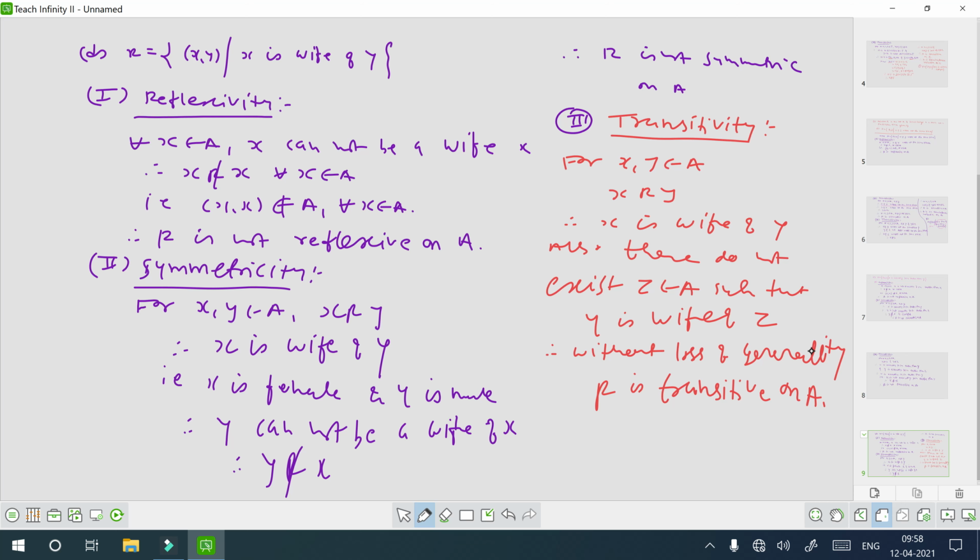Now, one more relation, that is E. One more relation R is given to us, ordered pair (x, y), x is father of y.